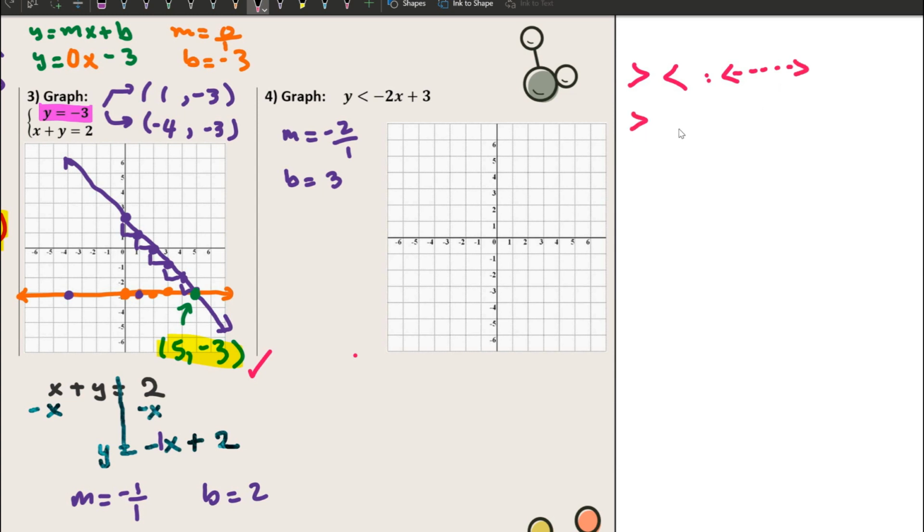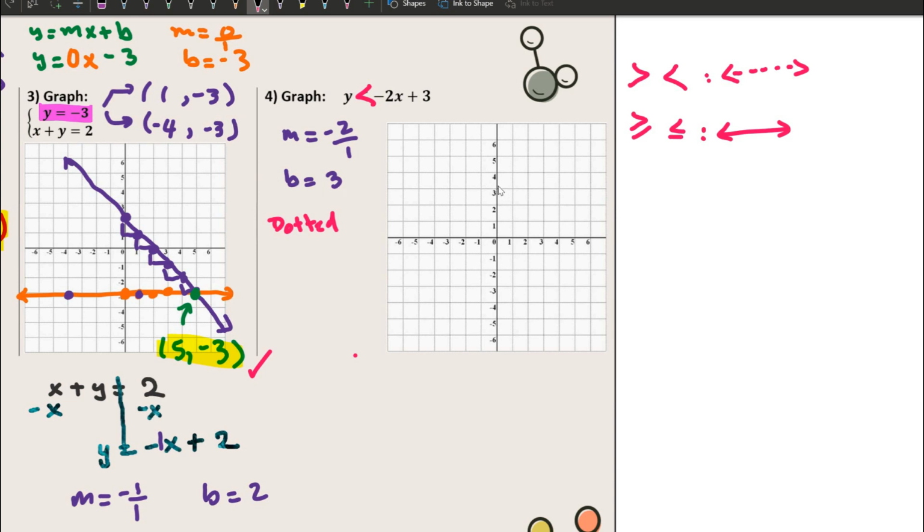If it's greater than or equal to or less than or equal to, you will draw a solid line. So in this case, since it's y less than -2x plus 3, without the equal sign, that will be a dotted or dashed line.